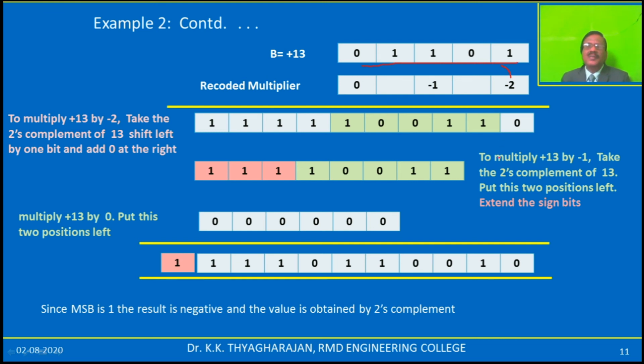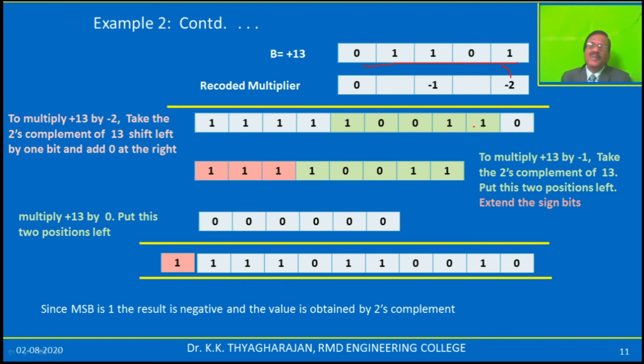Multiplying by minus 2 is nothing but multiplying by minus 1, then multiplying by plus 2. To multiply by plus 2, you have to shift left. Shifting left is equal to multiplying by 2.